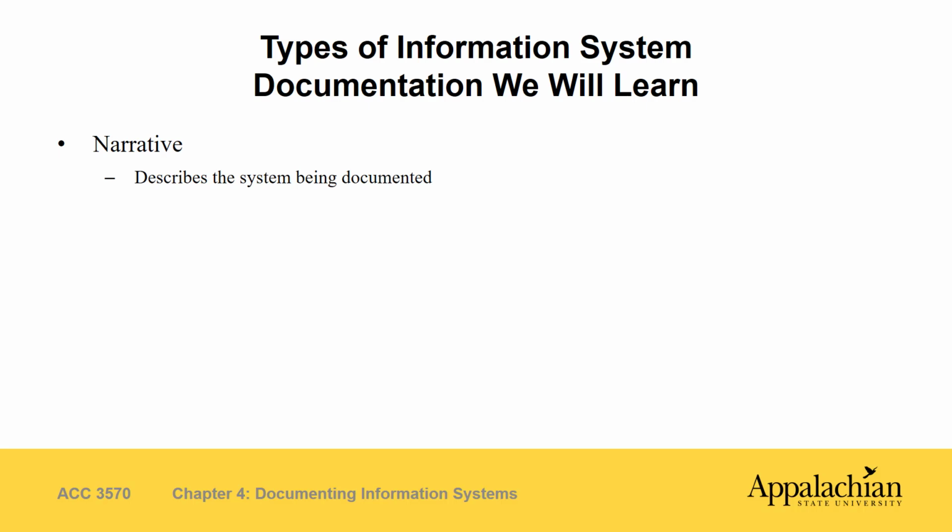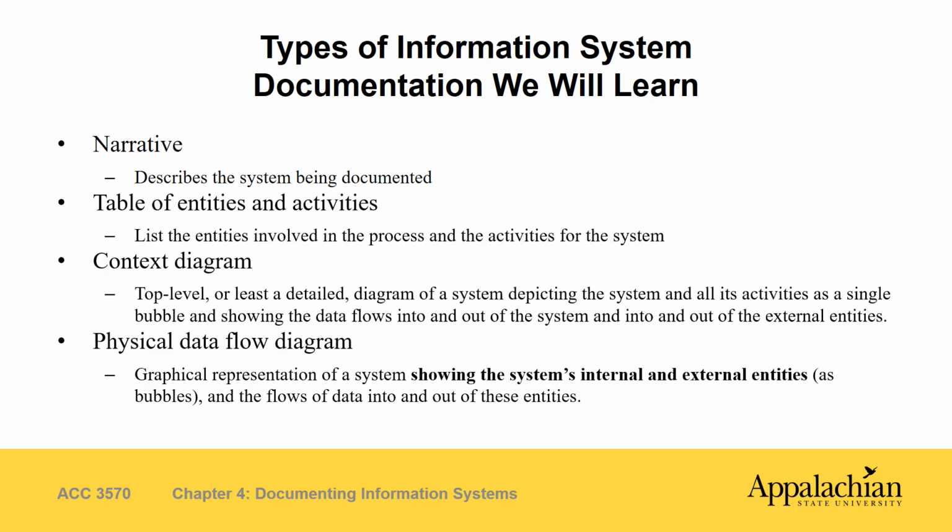So, types of systems documentation. A narrative is just a written-out narrative that describes the system that's being documented. Then you have a table of entities and activities, and I'll talk a little bit later about what entities and activities are. You have a context diagram, which is really the simplest diagram, a top-level diagram of a system.